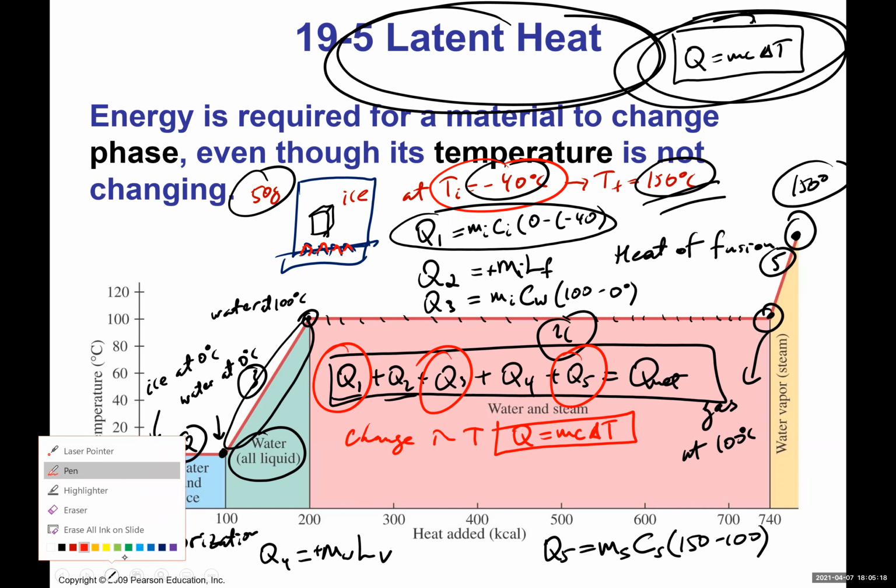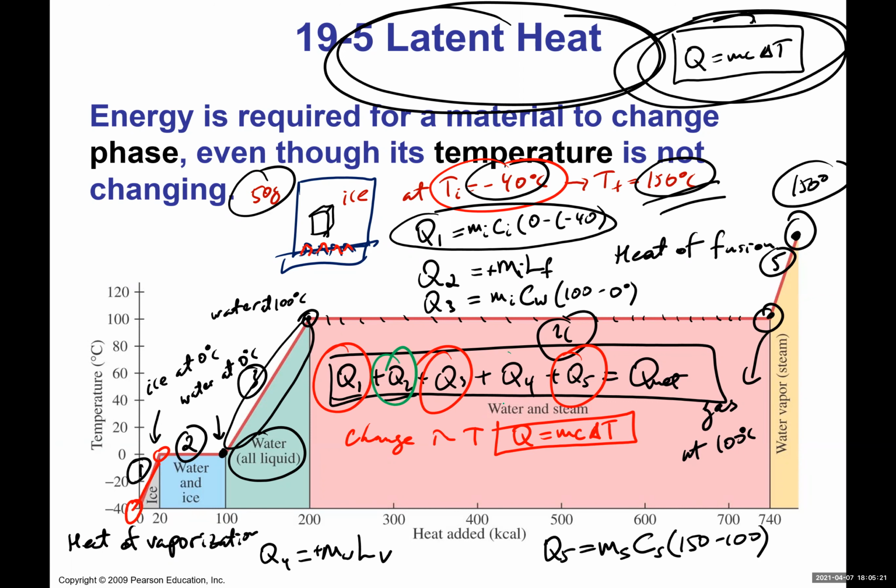But for Q2 and Q4, there is a change in phase, and for that we use the equation Q equals plus or minus mL. L can be Lf or Lv, either fusion or vaporization. Make sure you understand you're dealing with two different types of heat equations: one changes just the temperature of a substance without any change of phase, and the other only undergoes a change of phase without changing the temperature.